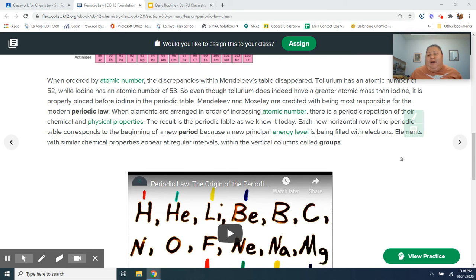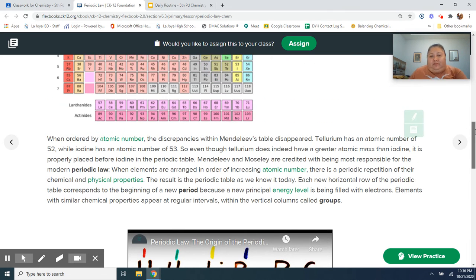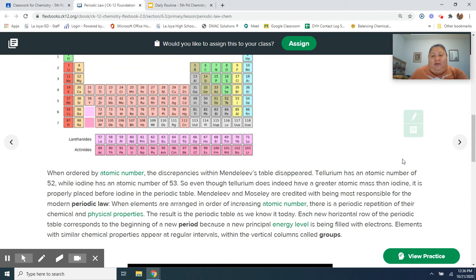One of those problems was iodine. Remember, he had to switch iodine and tellurium because iodine reacts very similarly to bromine, chlorine, and fluorine. So he switched these two elements, tellurium and iodine.